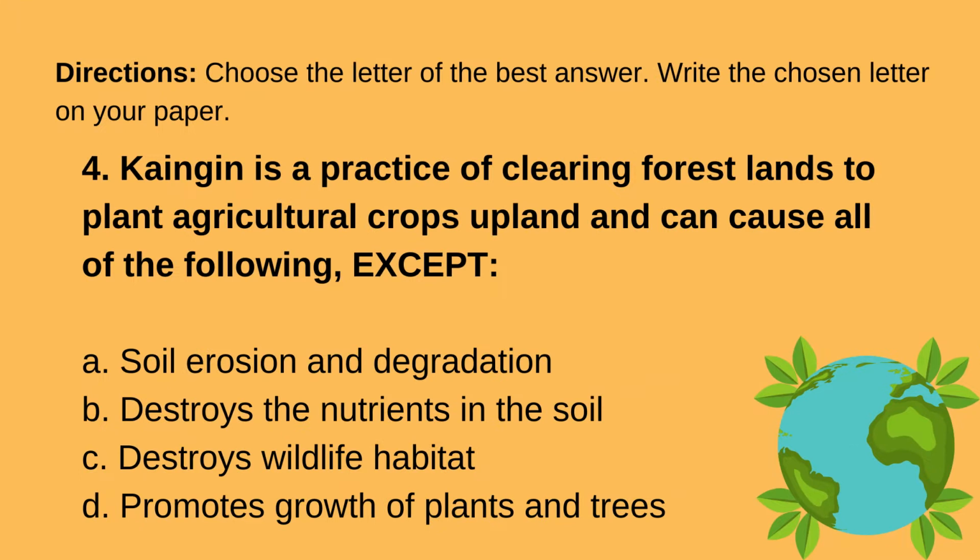Number 4. Kaingin is a practice of clearing forest lands to plant agricultural crops upland and can cause all of the following except A. Soil erosion and degradation, B. Destroys the nutrients in the soil, C. Destroys wildlife habitat, or letter D. Promotes growth of plants and trees.